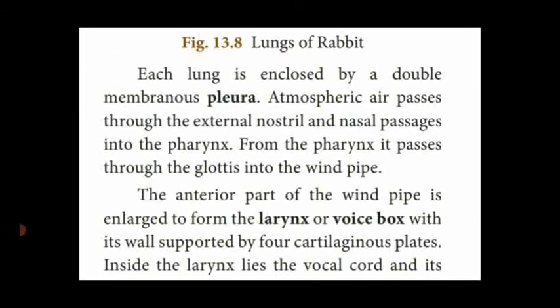Then the atmospheric air passes through the external nostrils, which are present above the mouth region, and the nasal passages into the pharynx. So the air first enters the external nostril, then passes through the nasal passage and enters the pharynx.